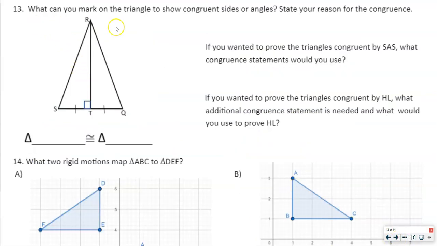All right, so what can you mark on the triangles to show congruent sides or angles? Again, we got a right angle right there, right? And we got a shared side there. So we can say that RT is congruent to RT. And what property is that? That's the reflexive property, right?